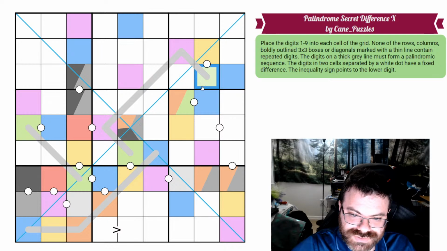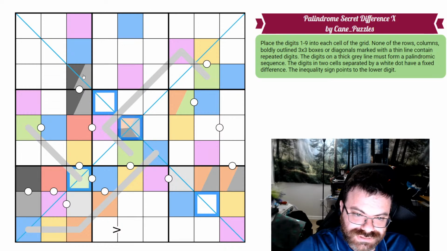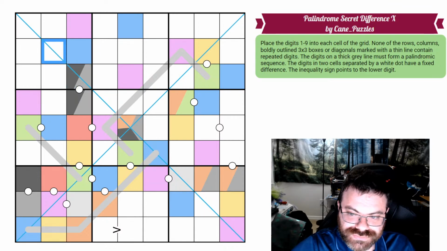I can't go here because of this one. Can't go here because of the box. Can't go here because of this diagonal. Can't go here because of that row column. Can't go here because of that column. Okay, so green goes on the diagonal.